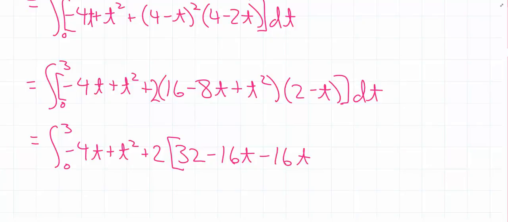And then plus 8t squared. Now, let me know if I make a mistake here. 32, negative 16t, negative 16t, 8t squared. Okay, now we're at the t squared. So this is going to be plus 2t squared minus t cubed. All of this dt.